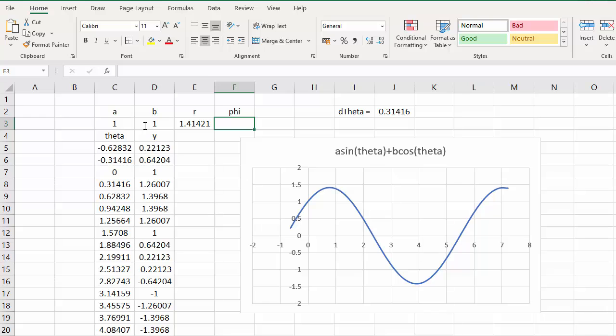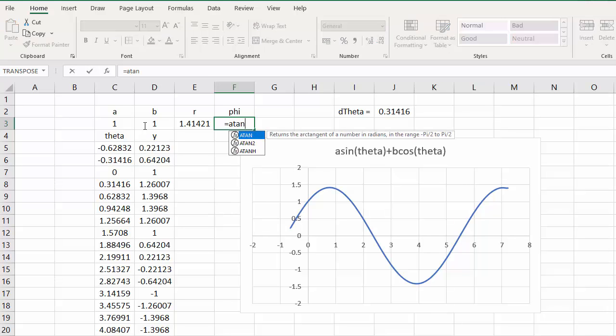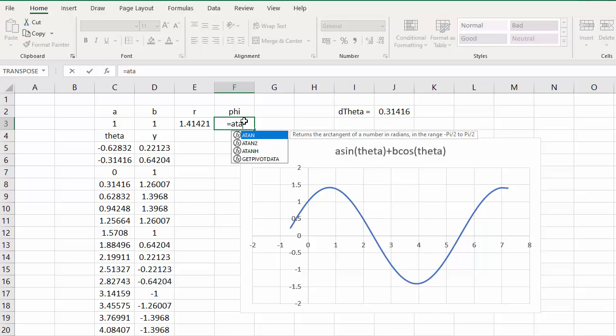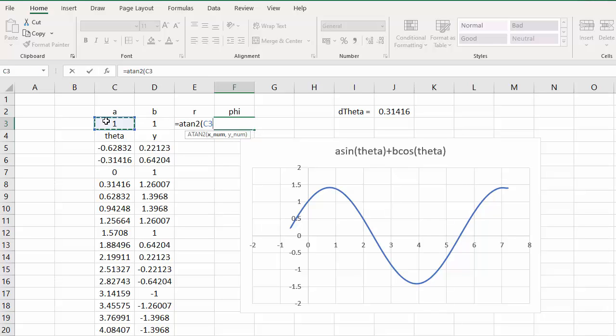And phi is equal to the arctan of b divided by a. Excel has 2 arctan functions and I'm going to use one called atan2, which first of all asks for the x value, which is a, followed by the y value, which is b.